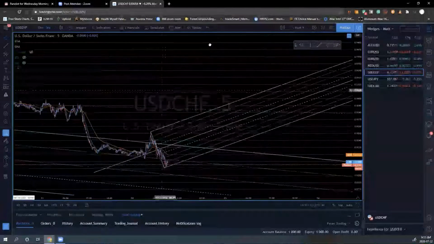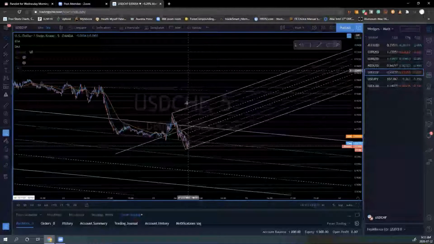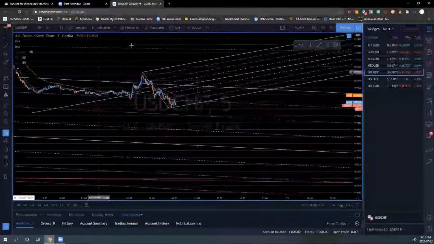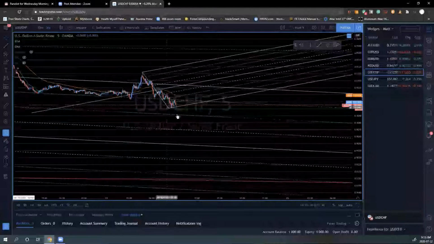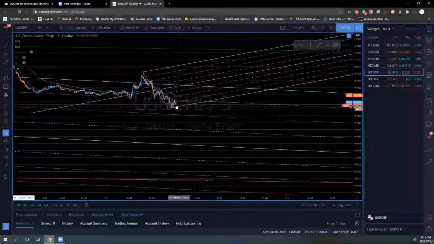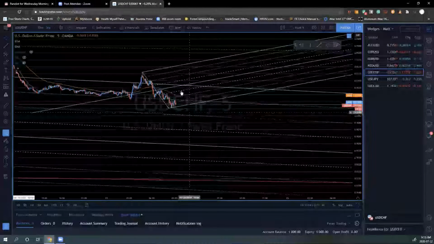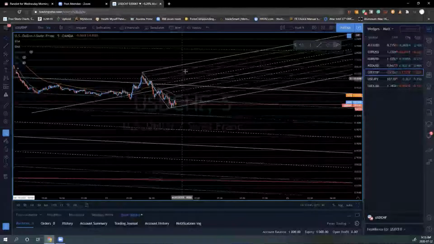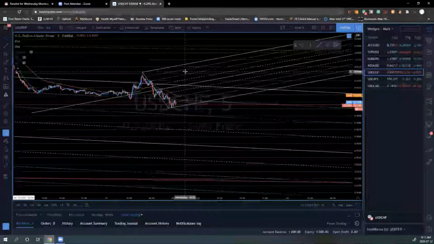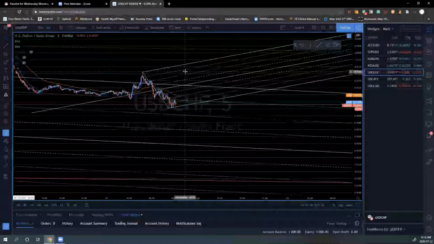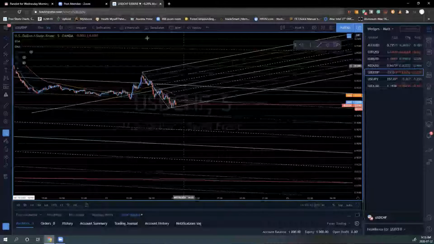Yeah, that was the other fork. So let's see. It's right here. It's coming down. Let's see. I'm just checking some things. That Euro USD is really causing me some problems.